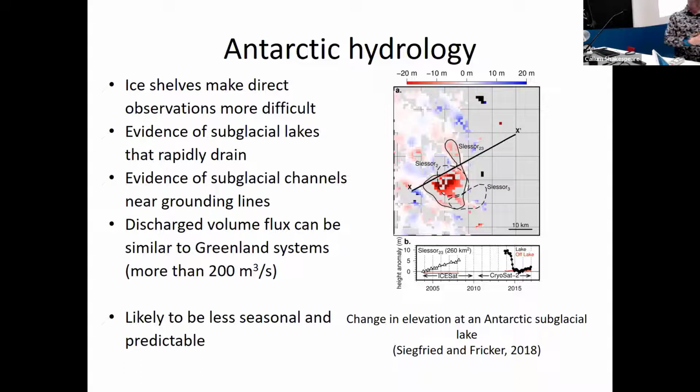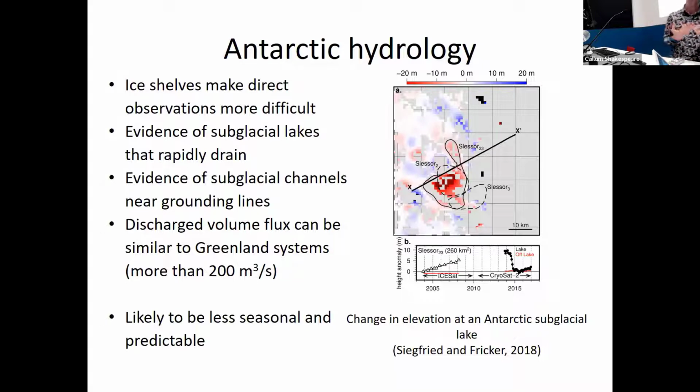The implied volume flux of this process is about 200 cubic meters per second, which is roughly equivalent to those discharge plumes that we see in Greenland. This is, I guess, one of the larger subglacial lakes that was mapped in Antarctica. It's always good to use extreme examples, but hundreds of these different subglacial lakes have been identified and mapped.